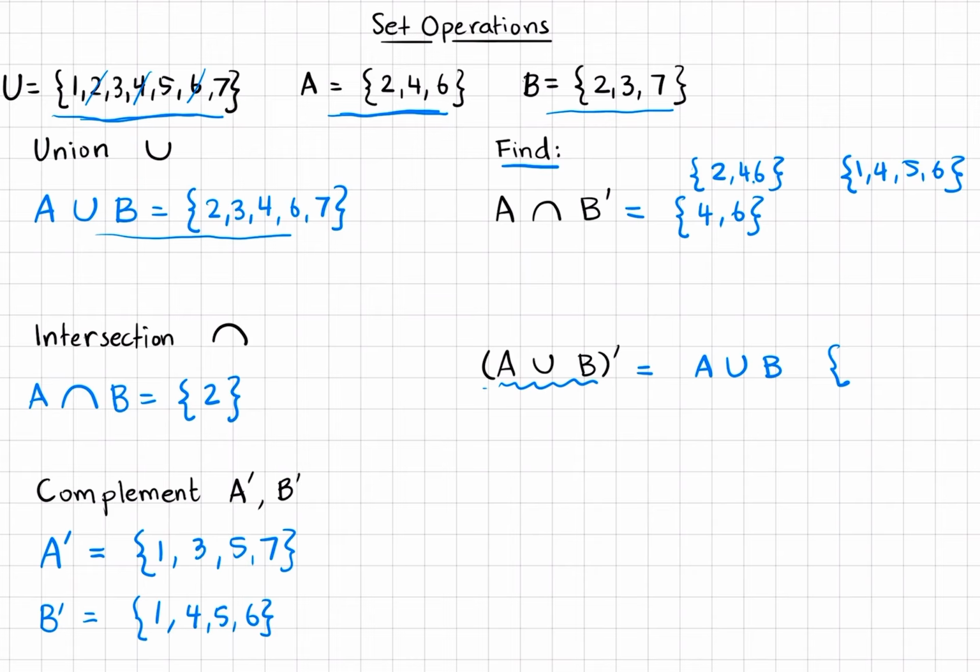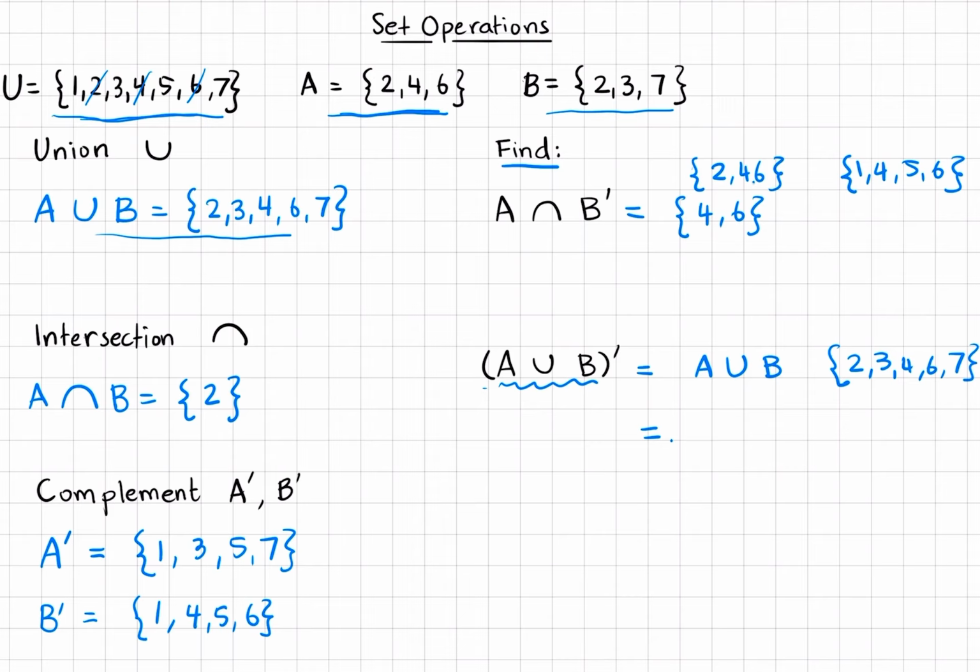So the union of sets A and B is 2, 3, 4, 6, and 7. And then the next thing we want to do is find all the elements that are not in this set, and that will be the complement of it, which will be whatever is left in our universal set.